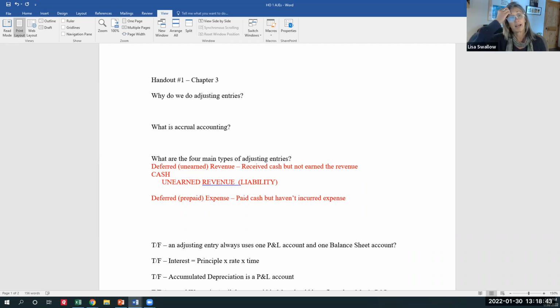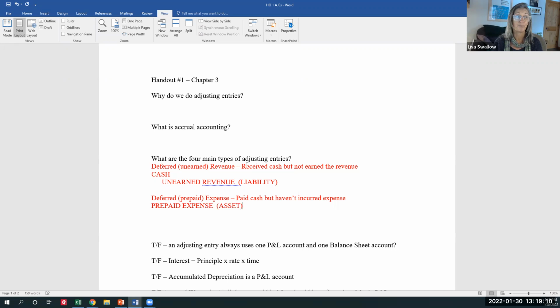Let's say that I've got a fleet of autos for my salespeople in my company, and my insurance agent says, hey, Lisa, you have to prepay 6 months of auto insurance. So I cut them a check for $10,000, and now they have to insure my fleet for the next 6 months. So what do I have to debit in this case? A prepaid expense. What is a prepaid expense?